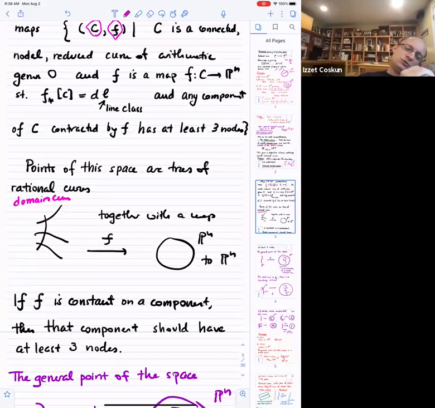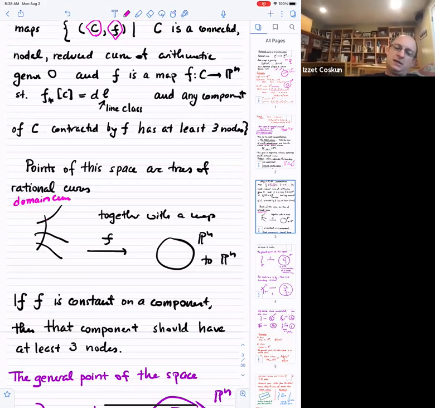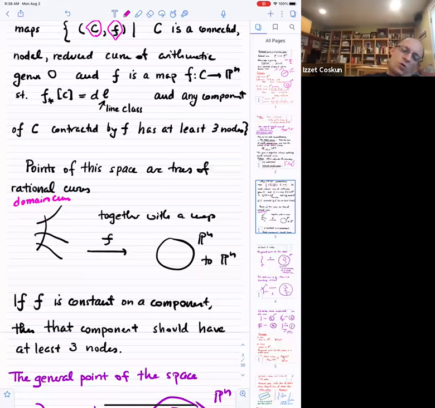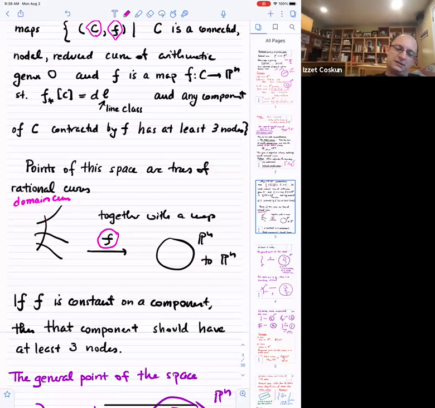So you look at the tree of P^1s together with a map to P^n. And then there is one condition that you have to impose on the map to get the good space. You see, if this has infinitely many automorphisms, then you don't get the good space. So you require that it has finitely many automorphisms.